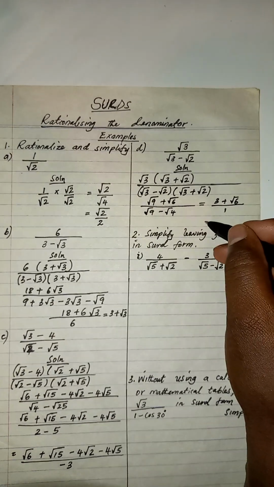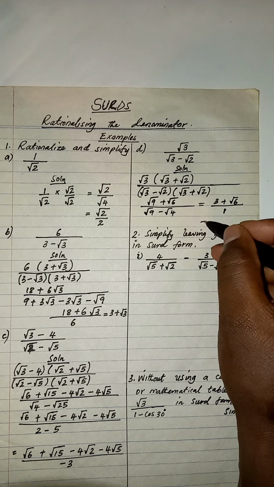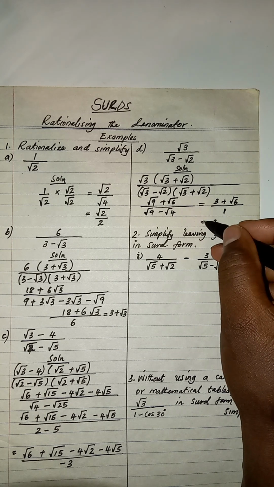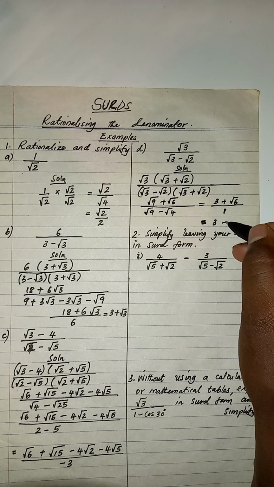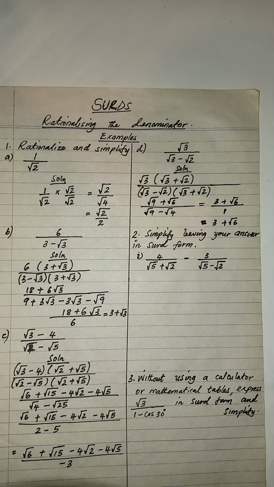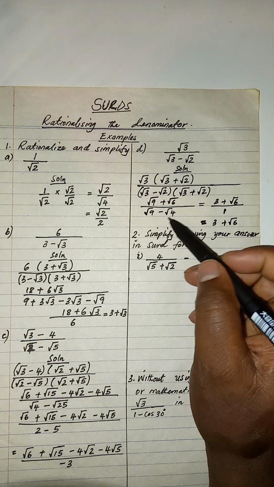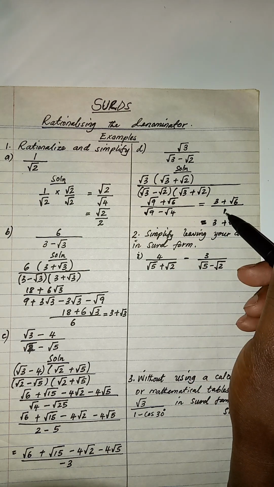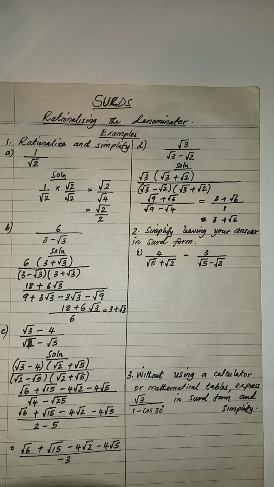So we can simply say that our answer will be 3 plus root of 6. This is 3 minus 2, it will give us 1.